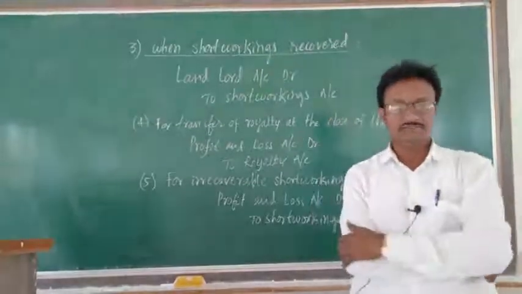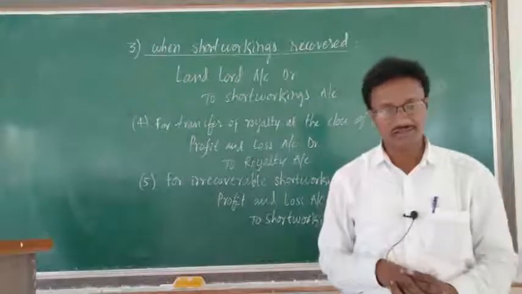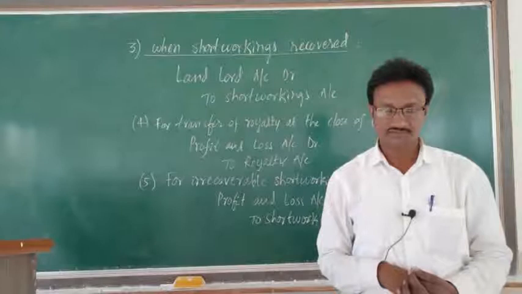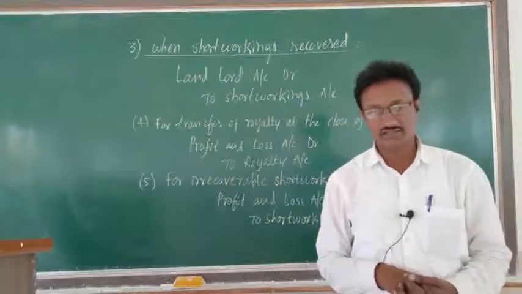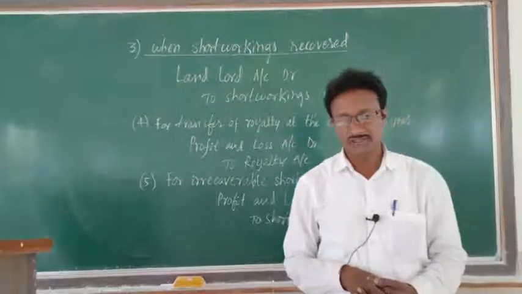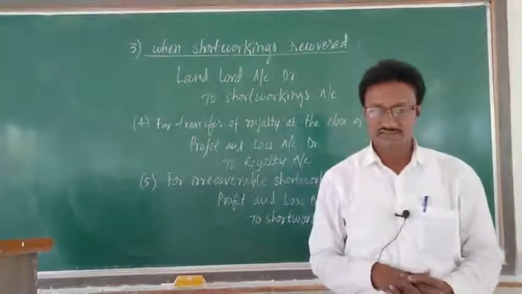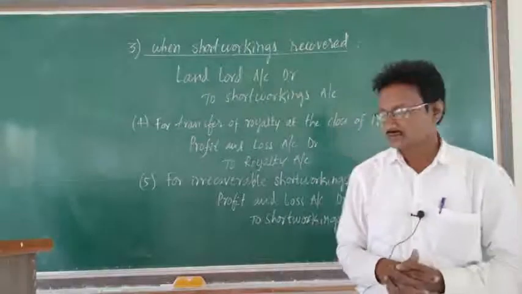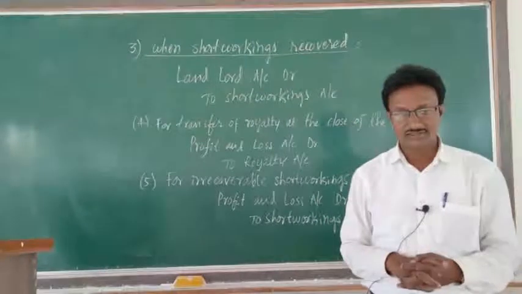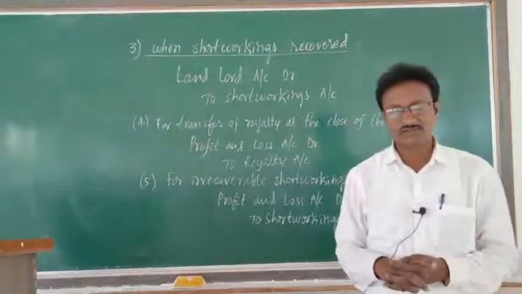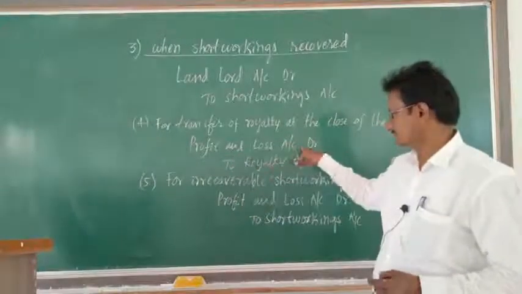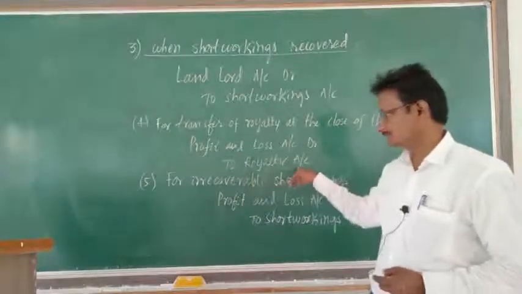As per the accounting rules, every year all the nominal accounts are closed and the balance is transferred to profit and loss account to ascertain the profit or loss. So, royalty account is a nominal account and it is closed and transferred to P&L account. The entry will be profit and loss account debit to royalty account.